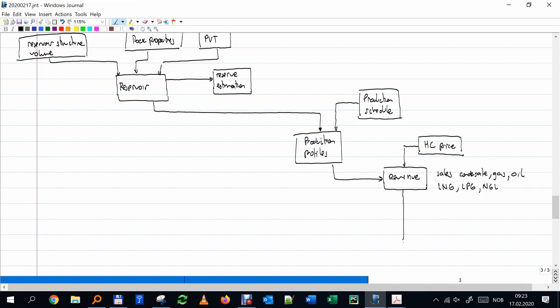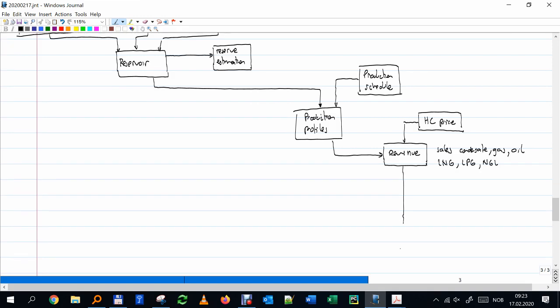Then after that, that revenue goes to some economic evaluation. Okay, that instead of calling it NPV, in our case, we're going to call it simply economic evaluation.